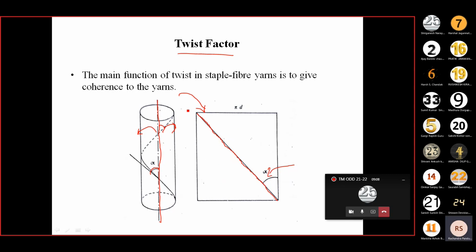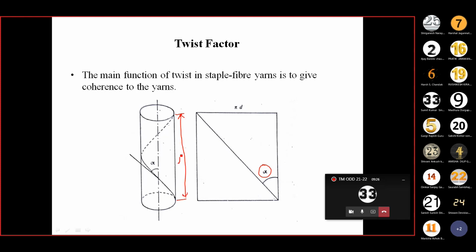Now we'll see the equation. We'll find out this angle. How will you find out this angle? Suppose this yarn has the length L. If I want to find out tan alpha, how will you find it?